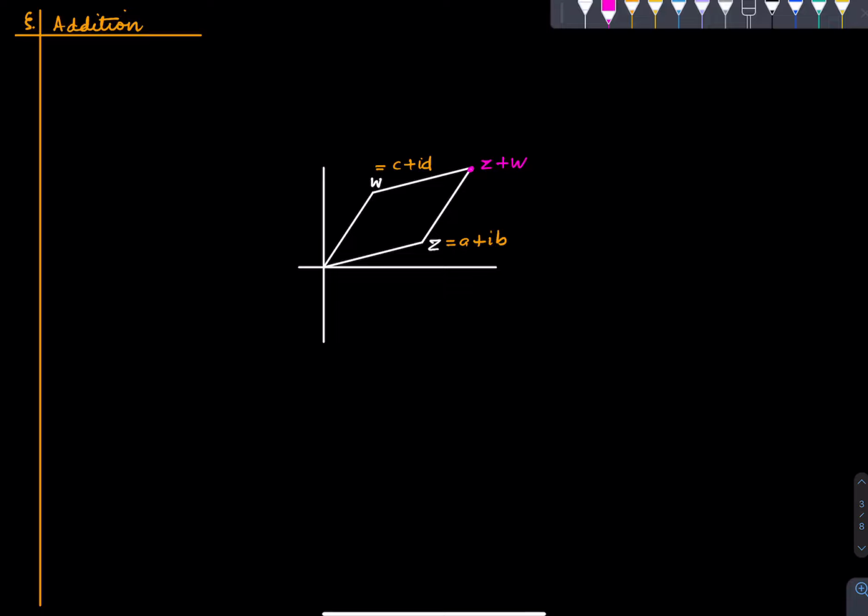And that is clear because if we make this triangle, the horizontal leg has length c, and in this triangle, the horizontal part has length a. That's by definition. So if we translate this triangle here, this has length c and this, as we saw, has length a.